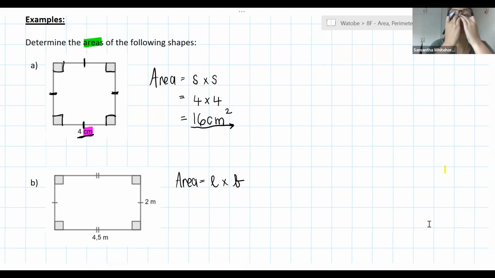And guys, remember, you can take a screenshot of these. So if you don't get a chance to draw them out nicely for yourself, do remember to take a screenshot so that you can go back and see what the shape was. Remember, this long side here is your length. The shorter side here is your breadth.